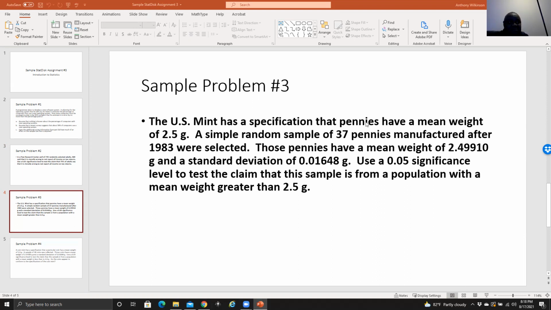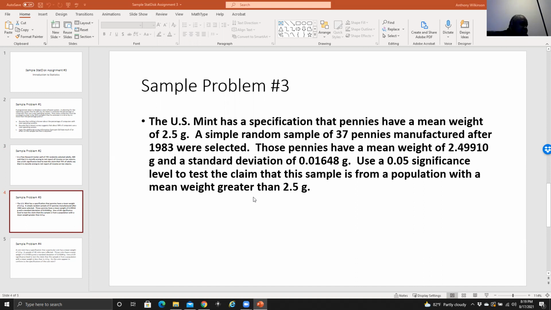All right, so now let's look at what we already have here in that problem. Pennies have a mean weight of 2.5 grams, that's mu. Simple random sample of 37 pennies.